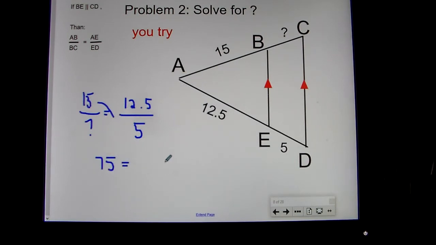And question mark times 12.5, well, that's going to be 12.5 times question mark. Then we have to do our inverse operations. We divide by 12.5 on both sides. Our question mark: 75 divided by 12.5 gets us 6. That's how you do that. So this length right here is 6.